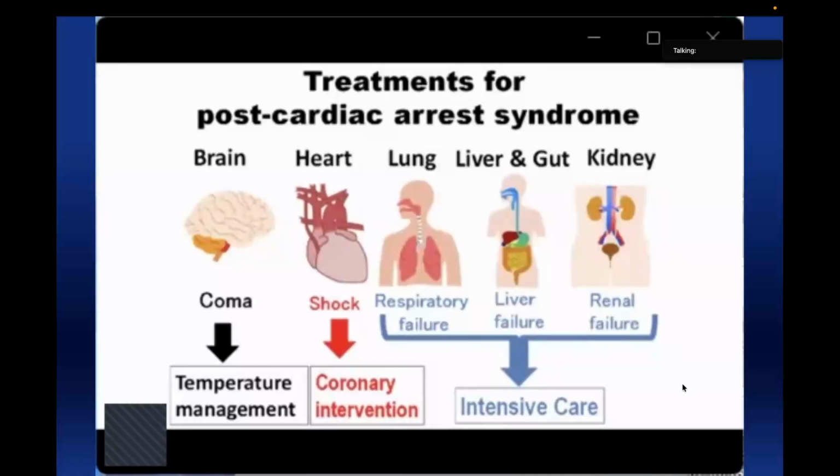A patient who had brain trauma that led the patient to coma, you have to do targeted temperature management. Then, if your patient had shock and had acute myocardial infarction, you might want to do early coronary angiogram to do coronary intervention.